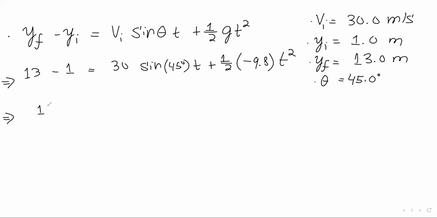This becomes 12 equals 21.2 times t minus 4.9 t squared.